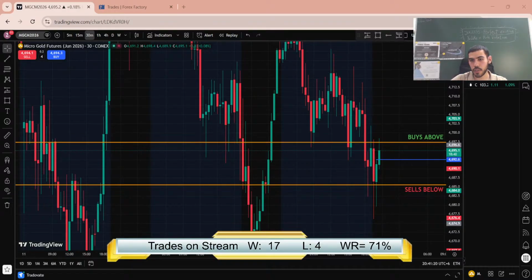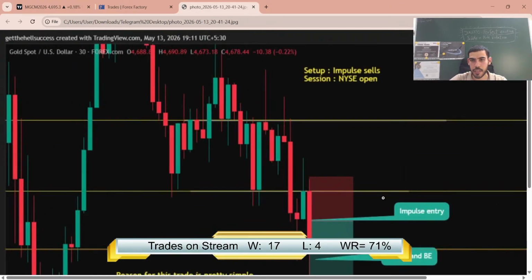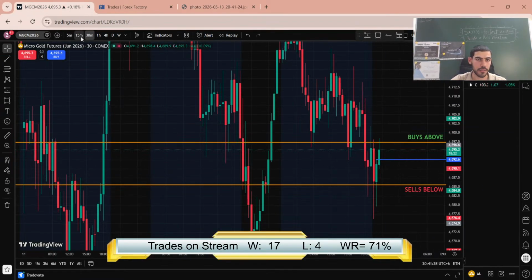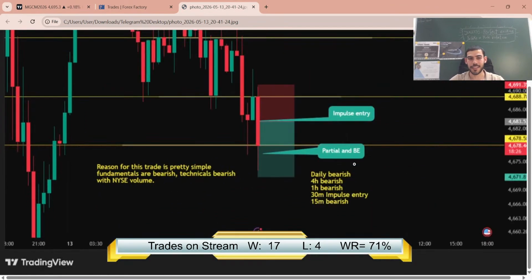There is also an explanation, as you can see here. Oh wow. So you can see here that they took this impulse entry, and this entry was shared in the Telegram group. Wow guys, what a trade, man. This is a very good trade.